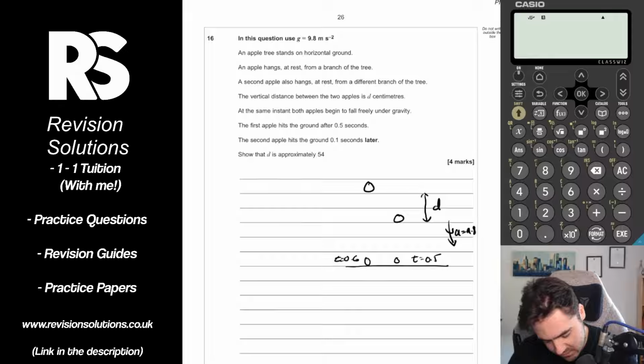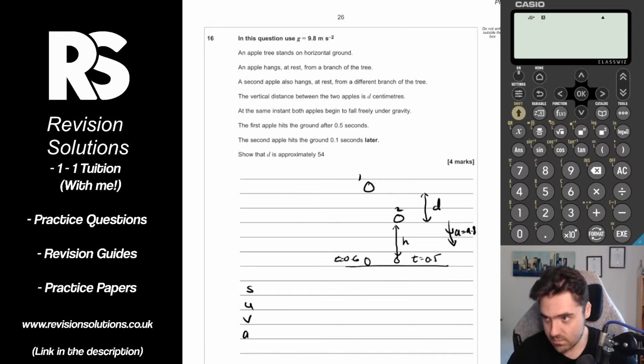Okay, well, let's label the remaining distance. Let's call that h, and then just write down what we know for both. If the acceleration is constant, then we can use SUVAT for both. Let's call this apple 1, this apple 2.